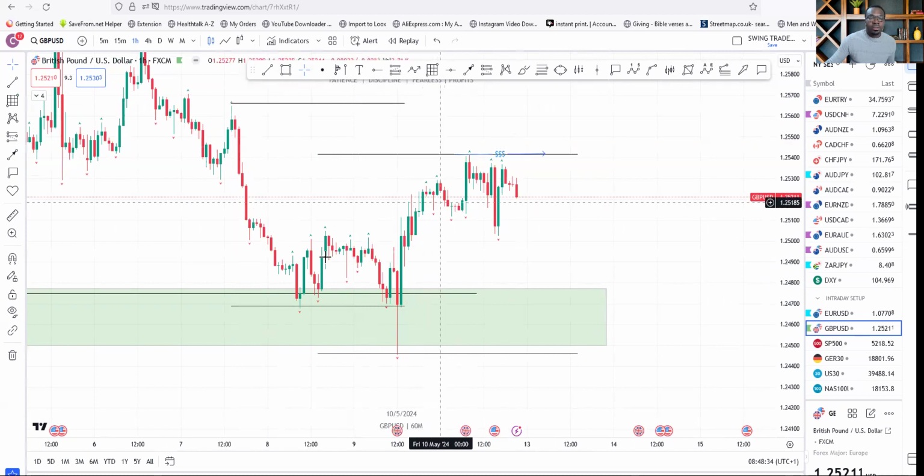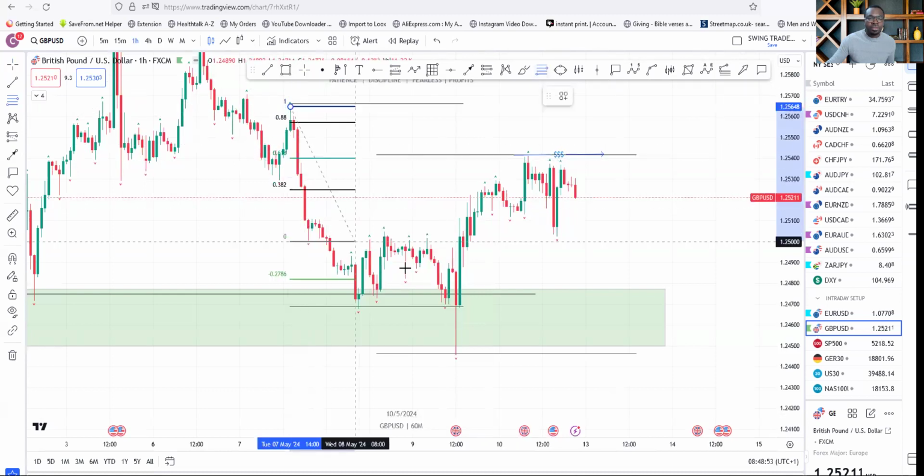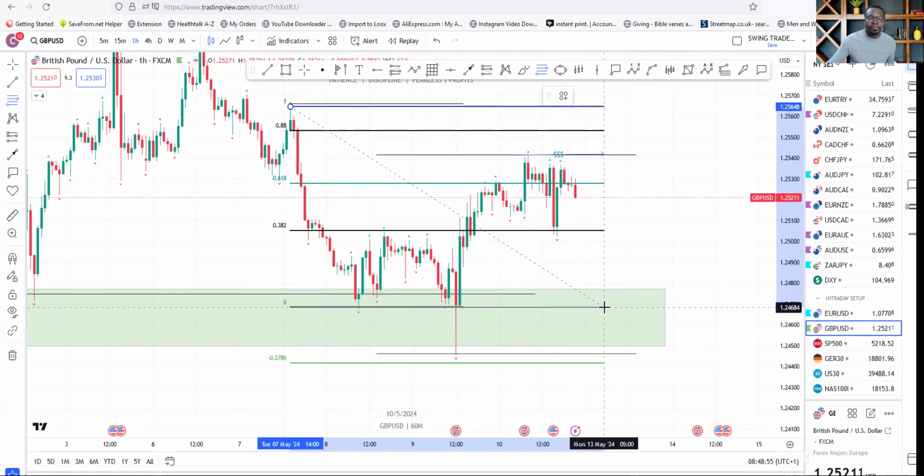You can see how GU is just trading sideways with no bearing. And that's why throughout last week, I did not trade the pair, and I also didn't trade EURUSD. If we put our fib here, from this range to this range, you can see the price is reacting at 61.